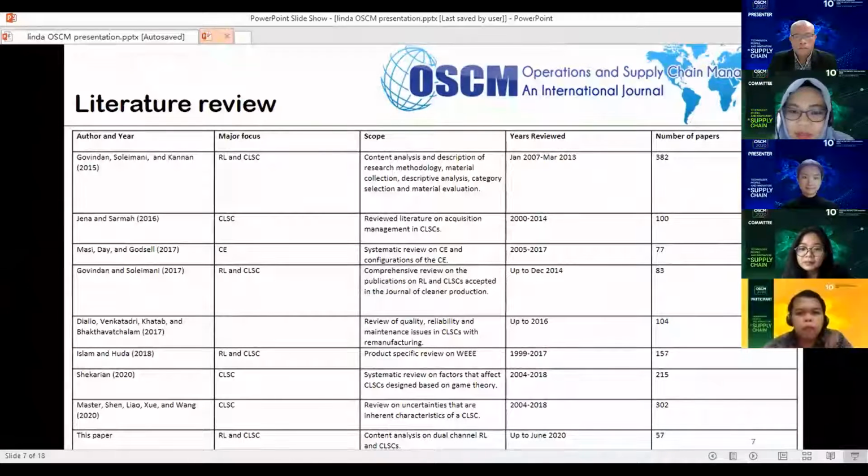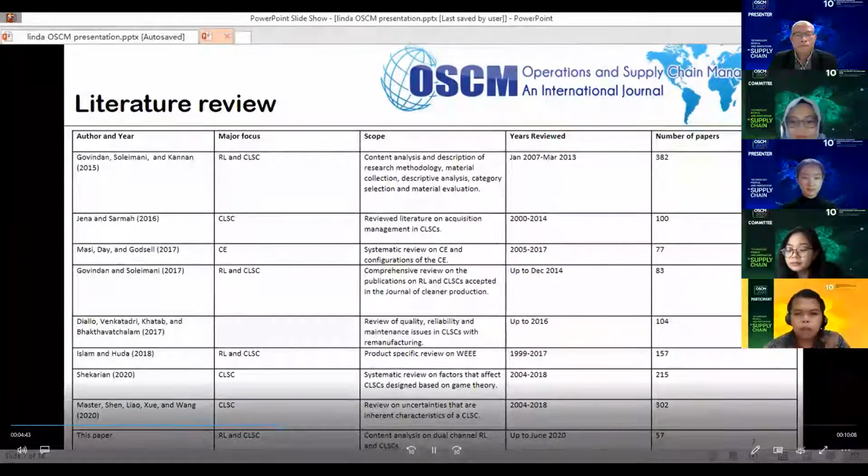This research is very close to my own because most of the papers in my review actually appeared in Shekari 2020's paper, because game theory is the common method that was used in the dual channel closed loop supply chains. And the other paper that was close to my review was by Master in 2020 again, and they carried out a review on uncertainties that are inherent in closed loop supply chains.